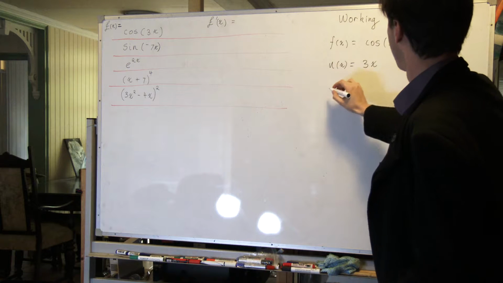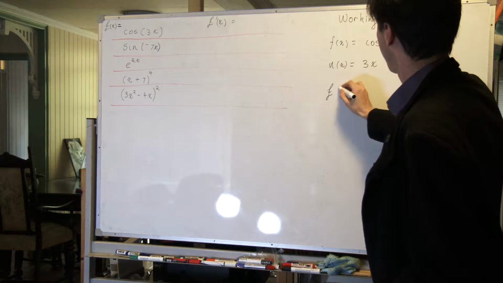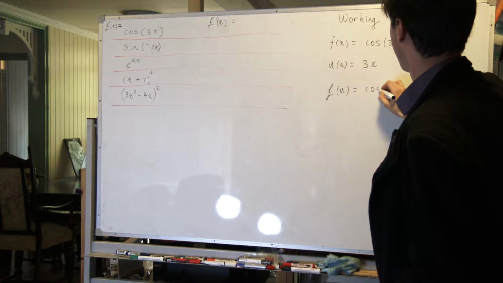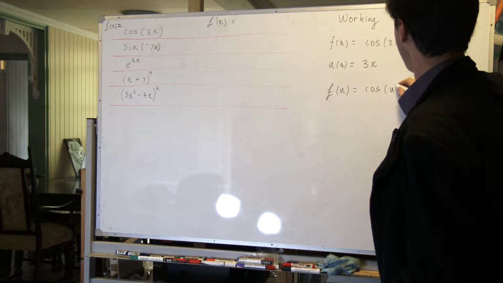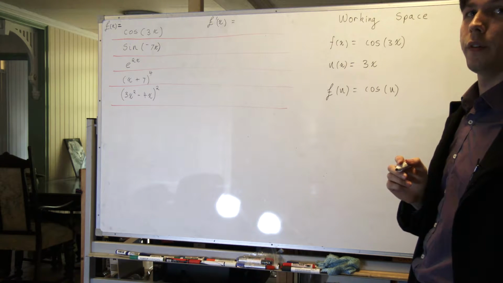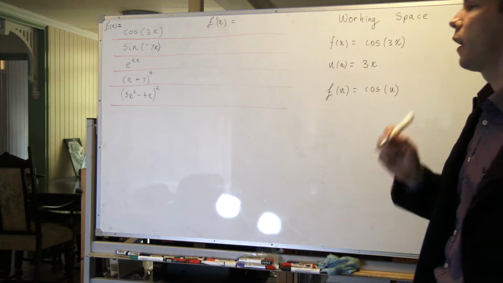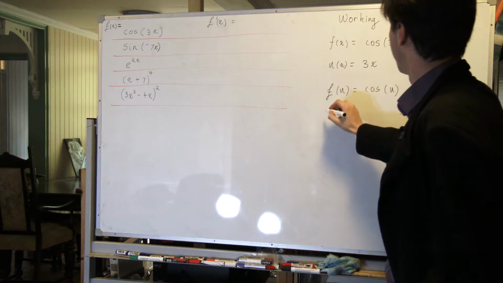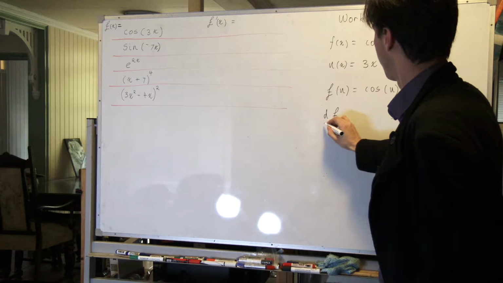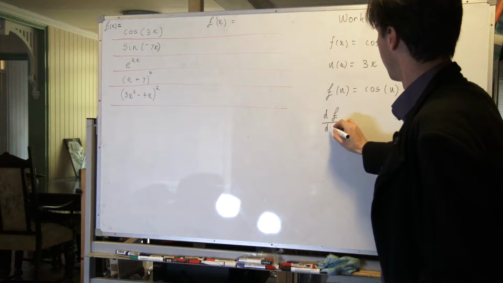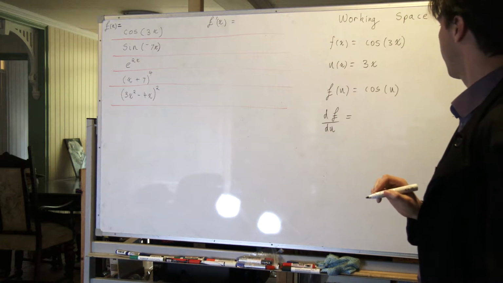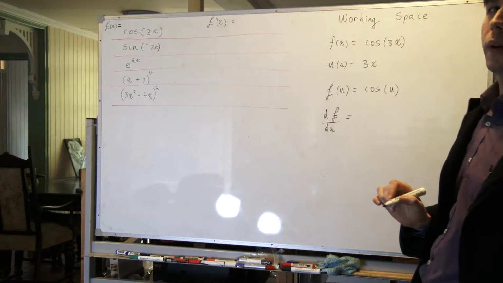So now f will depend on u, and it will be cos of u. And it's pretty easy to find the derivative of that, but I find it with respect to u. So I find the derivative of f with respect to u. The derivative of cos is always negative sine.